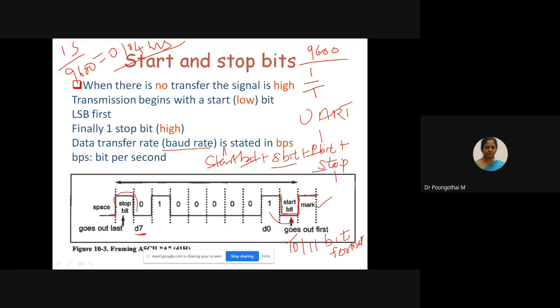Is that clear? All your data transfer rate is measured in terms of baud rate, and the unit for baud rate is bits per second, that is 1 by T.